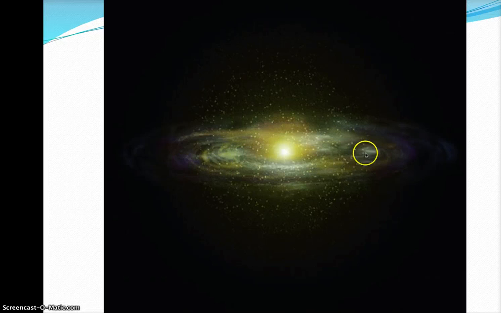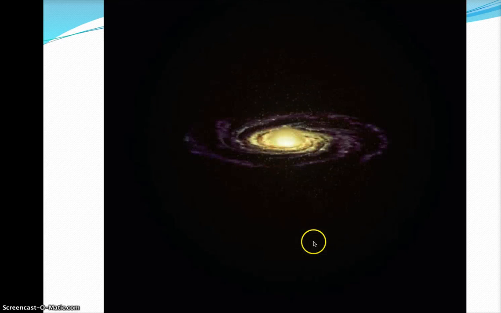Finally, the material that remains begins to contract into a spinning disk, similarly to what happened with our solar system. And see, here are the halo stars. They just stay where they are. And then eventually you have what appears to be how the galaxy appears as it is now.